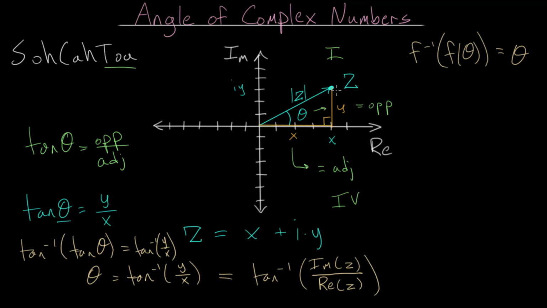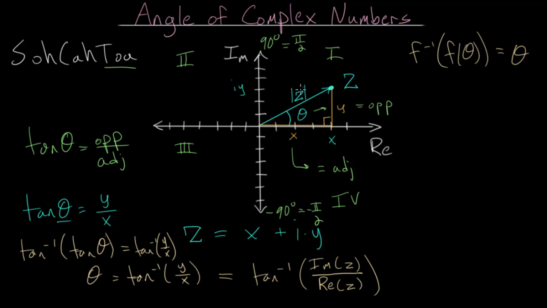When we plug in our imaginary and real parts, we will get back the correct angle, whether it's in radians or degrees. However, if the complex number is either in the second or the third quadrants, then we need to be a little bit more careful, since this inverse tangent function only has outputs, or it only has a range going from negative 90 degrees to 90 degrees, or in terms of radians, from minus pi over 2 to pi over 2.